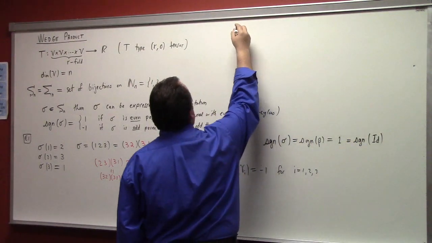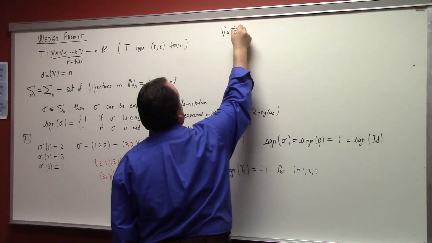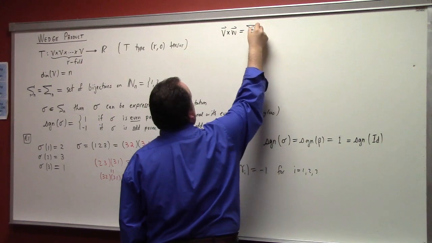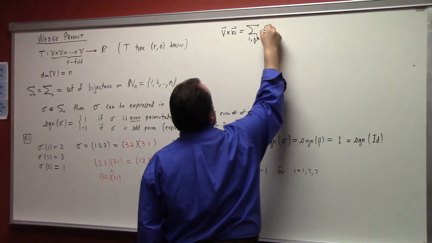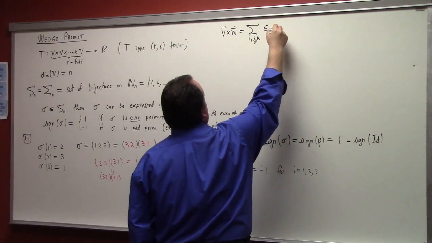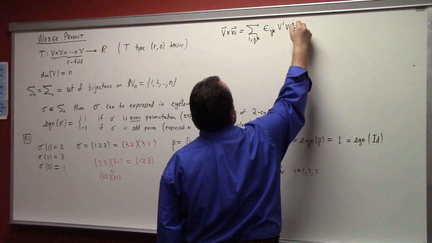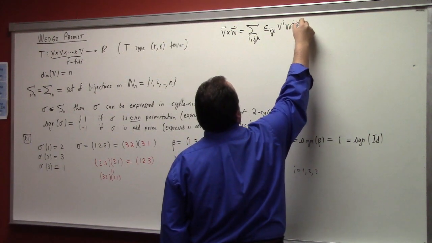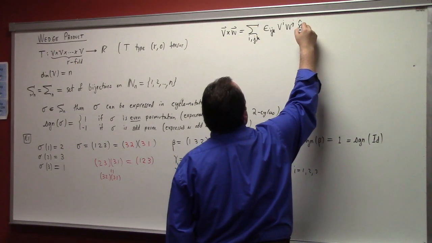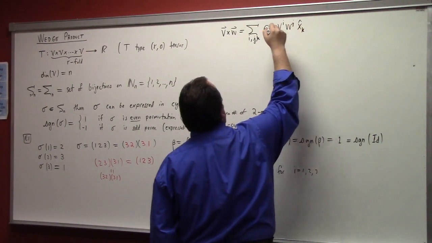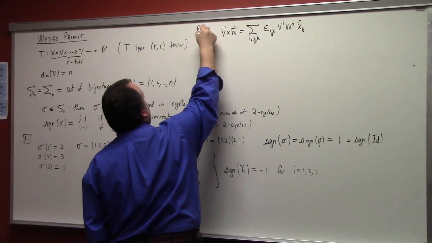V cross W I can write as the sum over i, j, and k of epsilon_ijk V_i W_j x hat. Funny. Okay, I guess I'm violating my convention, aren't I?